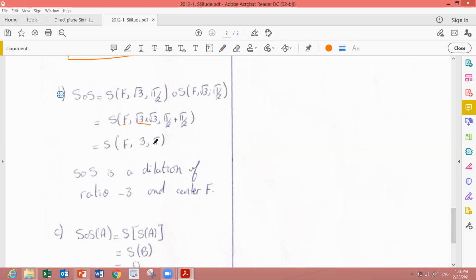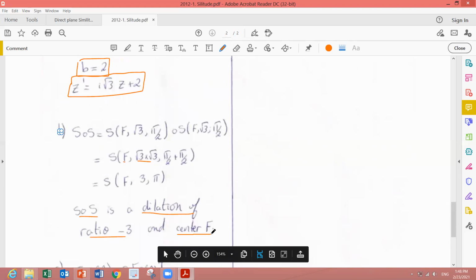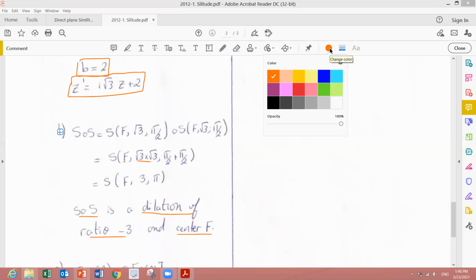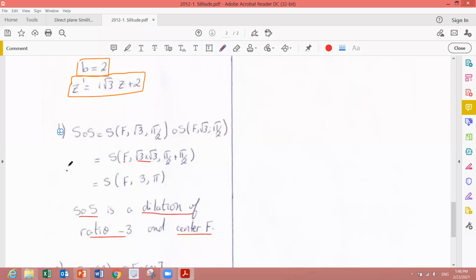Since the angle is pi, S round S is a dilation of ratio -3 and center F. Negative dilation, yes, of ratio -3. Did you finish?